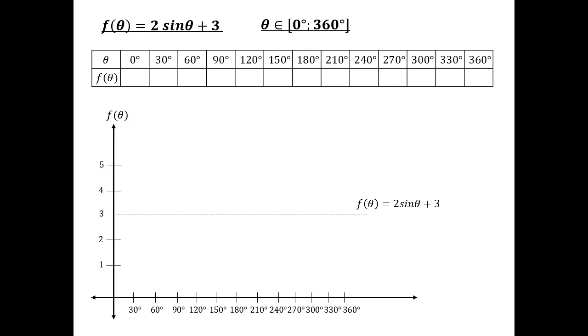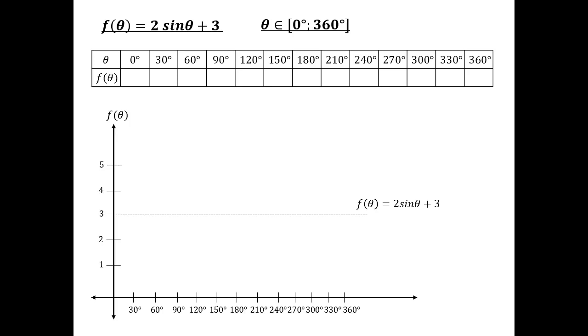You will see that the function is f of theta is equal to 2 sine of theta plus 3, and it's defined for theta in the closed interval 0 degrees to 360 degrees. So we are given the domain of the function, and it specifies the interval of theta for which the function is defined.